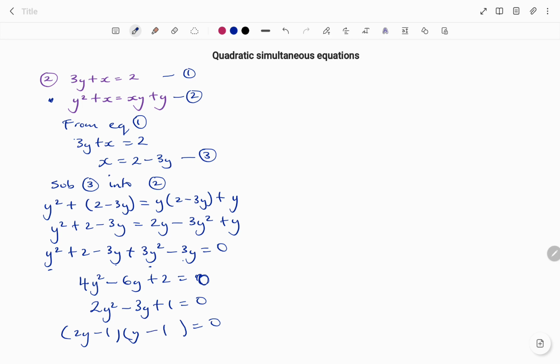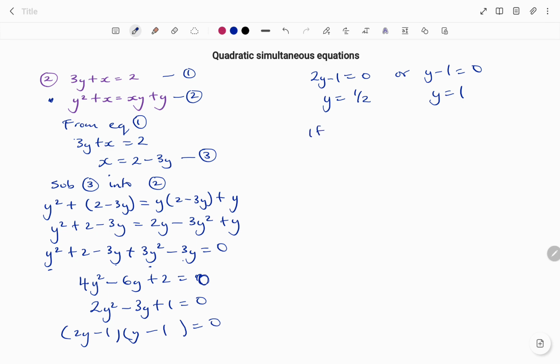So therefore, I have 2y minus 1 equals 0, or y minus 1 equals 0. From here, making y my subject of formula, y equals 1 over 2, or y equals 1. So for every value of y, I'm going to find the corresponding value of x.